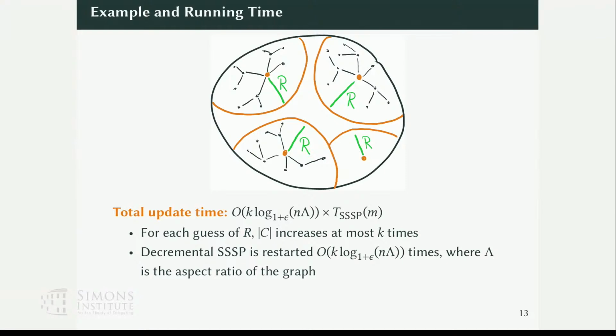In an unweighted graph, I would do log n here because the maximum distance is n, the distance increases at most from 1 to n. If you have a weighted graph, then you need to think of what's the maximum distance you can increase. So it's a logarithmic number of times k that you need to restart your single source shortest paths. So that's the scheme for the decremental algorithm.